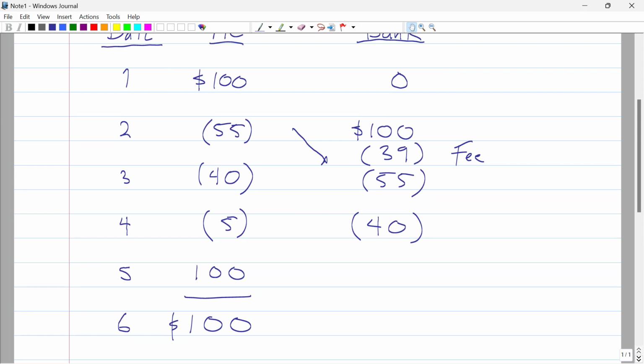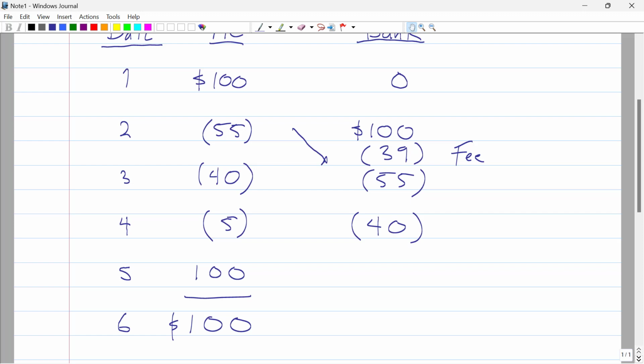I'm going to perform 2 steps. Step 1, I'm going to update my records. I'm going to update my picture of the money in the bank, the cash book, as it is often referred to. The second thing that I'll do is I'll then prepare a bank reconciliation statement.